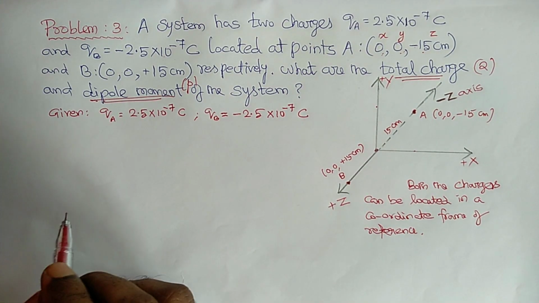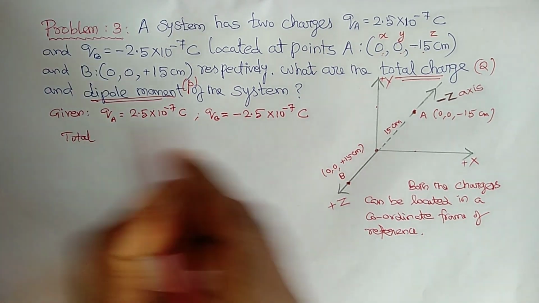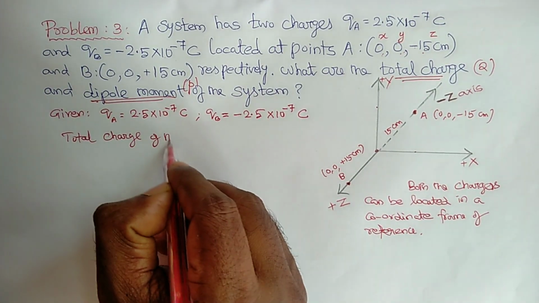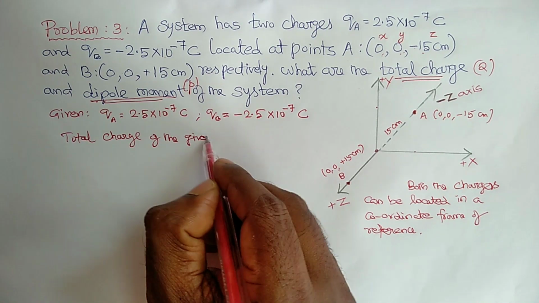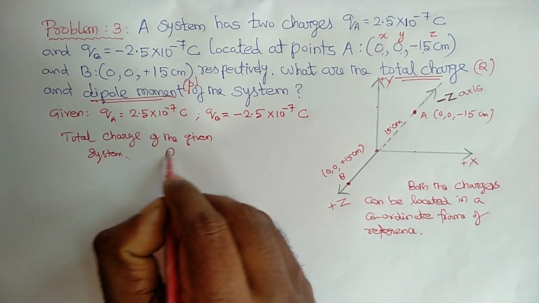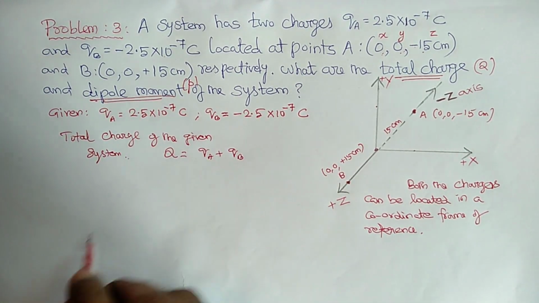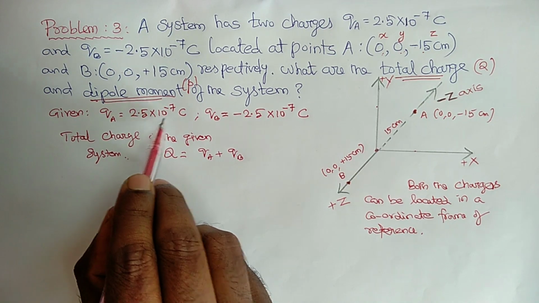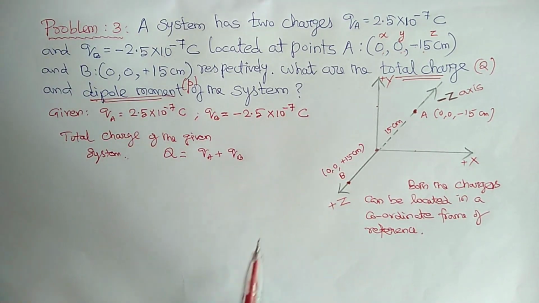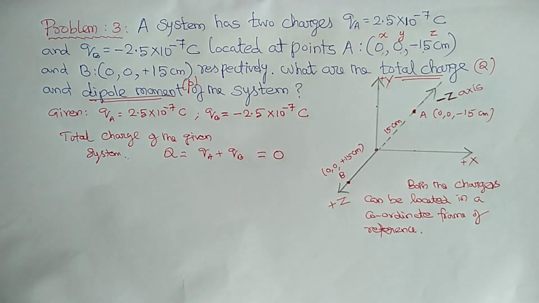First we will calculate the total charge of the given system. Let us consider Q. Q is equal to QA plus QB. Here QA is 2.5 into 10 power minus 7 coulomb, and QB is minus 2.5 into 10 power minus 7 coulomb. So the total charge in the system is equal to 0.